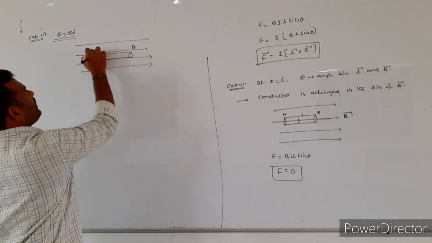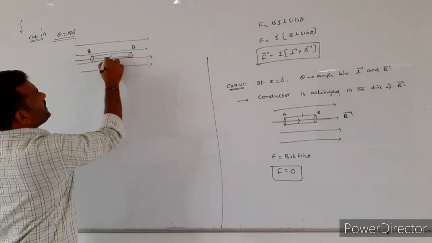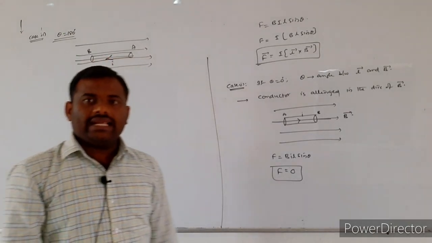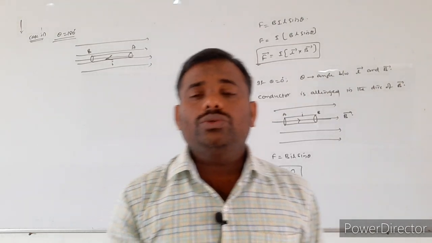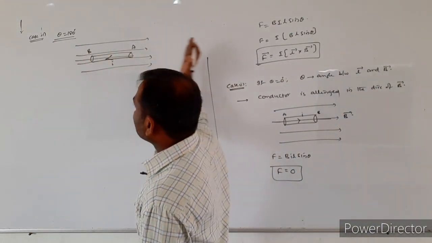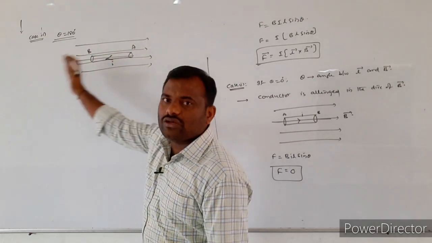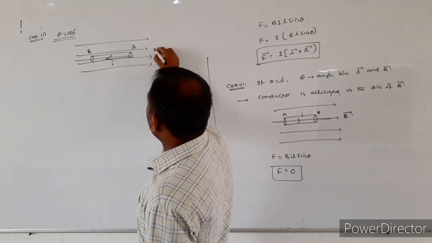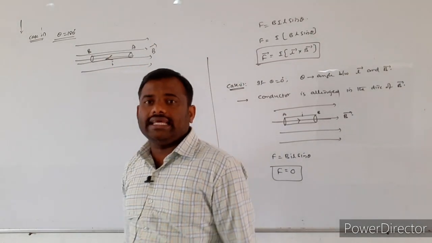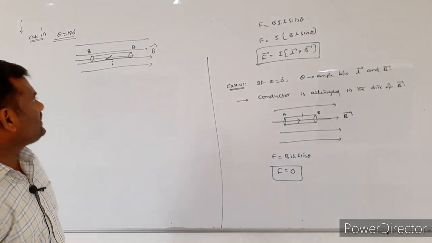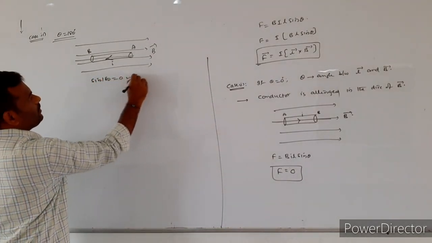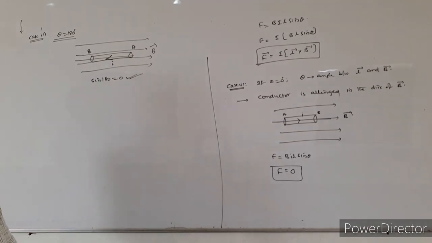This is the conductor AB, and the direction of the flow of current is opposite to the direction of the magnetic field. The direction of the conductor is from A to B, the magnetic field is acting towards the right, and the current is flowing towards the left. In this case also, sin 180 is equal to 0.